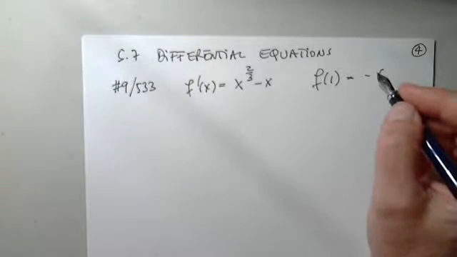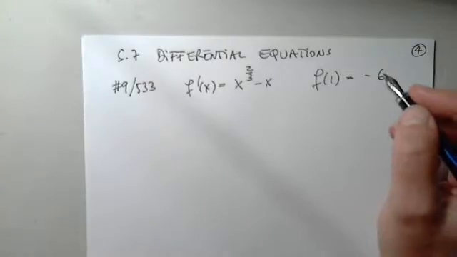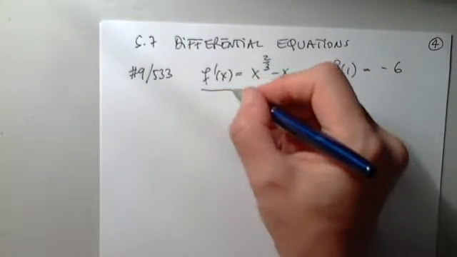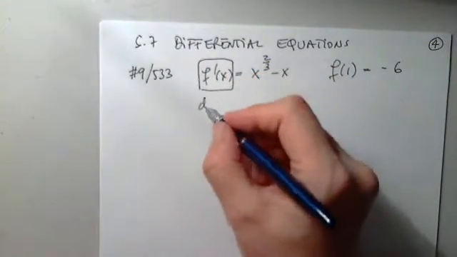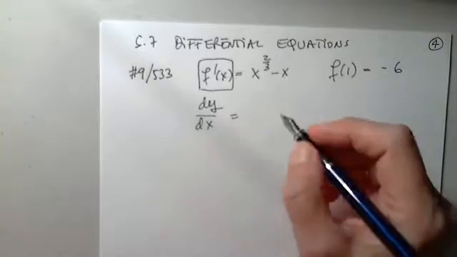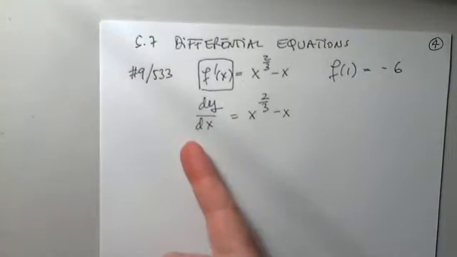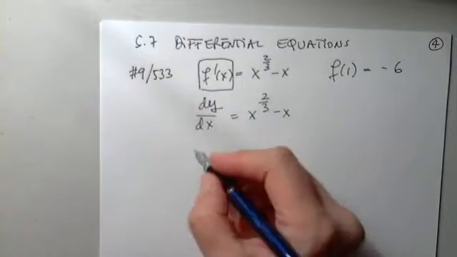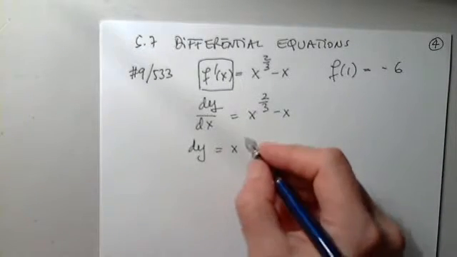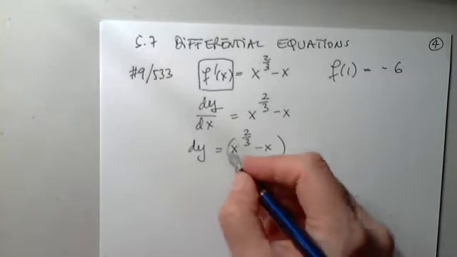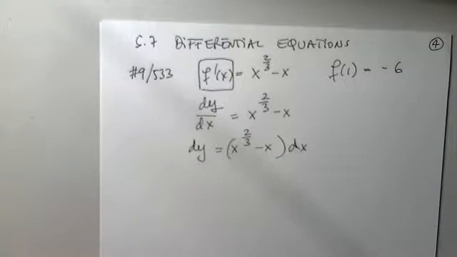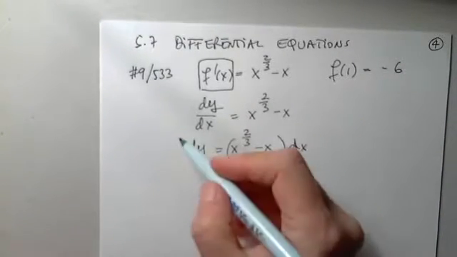Find the particular solution determined by the given condition. If you remember, f prime of x can be replaced by dy over dx, which equals x to the 2/3 minus x. I will multiply both sides by dx. So dy equals x to the 2/3 minus x dx. I'm allowed to integrate both sides.